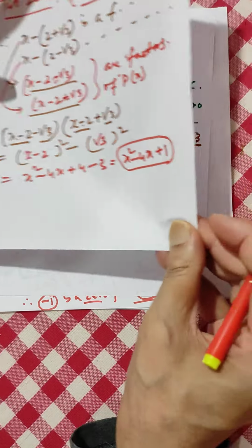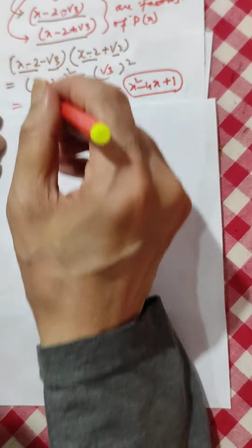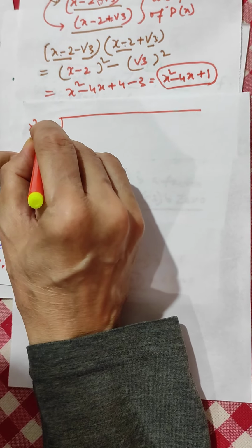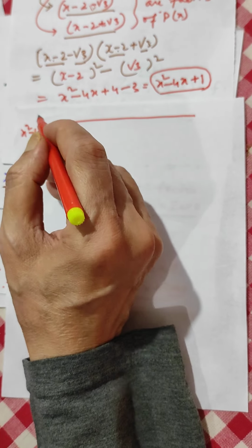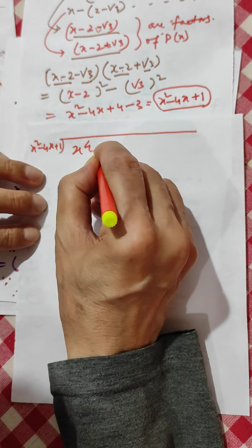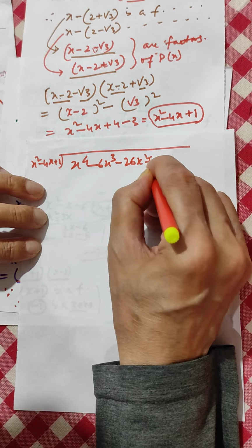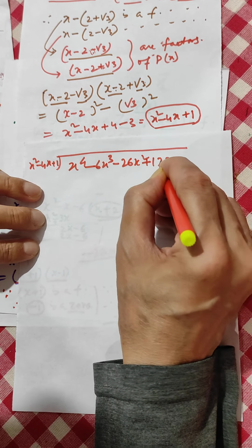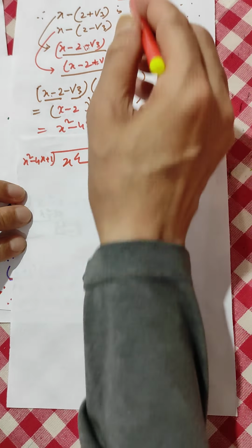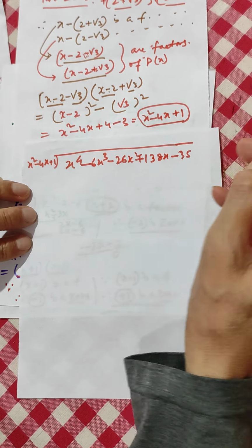Now as the method says, we are supposed to divide the given polynomial, x4 minus 6x cube minus 26x square plus 138x minus 35, quite big, by this x square minus 4x plus 1.